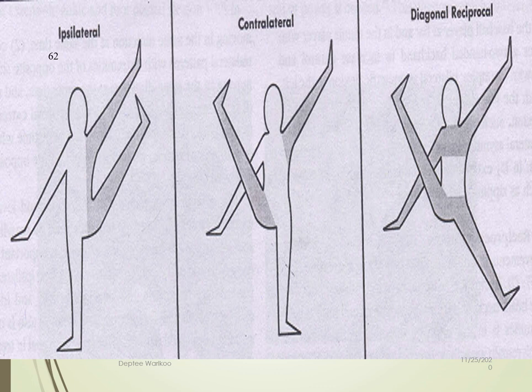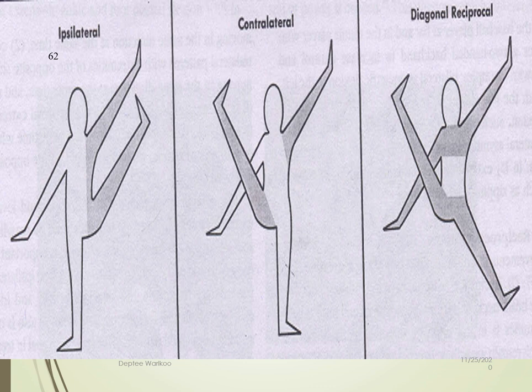Contralateral means both the upper and lower extremity are performing flexion and abduction, but not on the same side, but on the opposite side. Leg on the right and arm on the left. So this is contralateral.